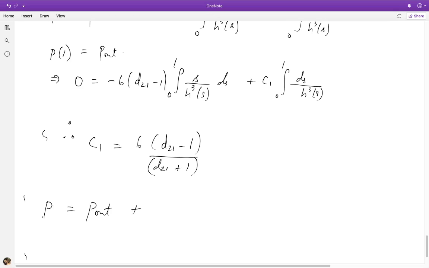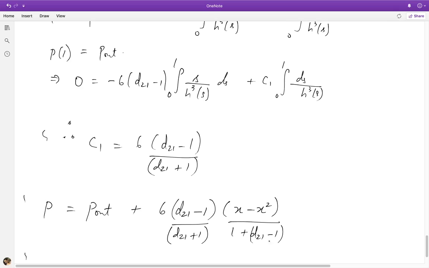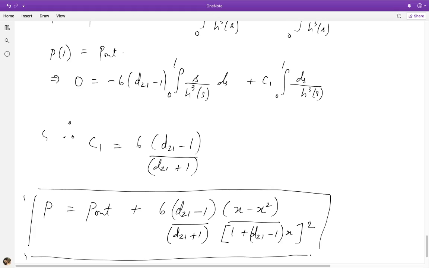You get the pressure inside the thin gap is the outer pressure plus 6 times d21 minus 1 upon d21 plus 1 into x minus x squared divided by 1 plus d21 minus 1 into x, the whole squared. So this is the distribution of pressure that one obtains inside the thin gap region.